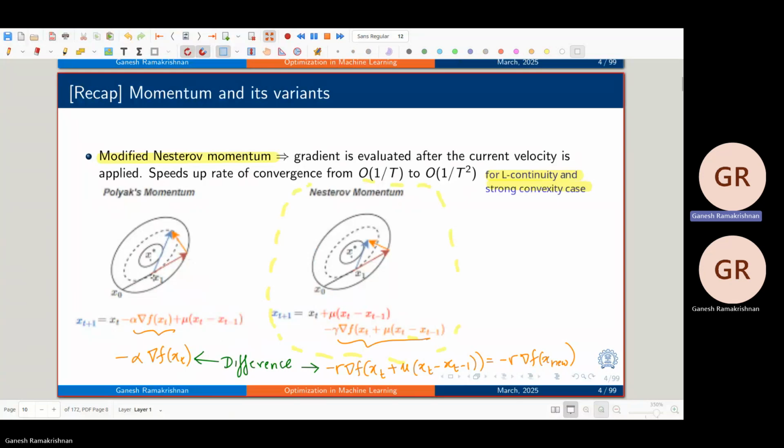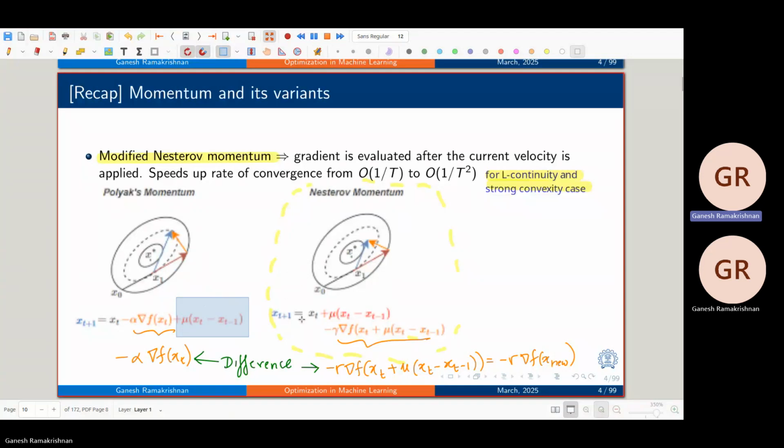You start with x0, go to x1, and the red part here is showing you the momentum or velocity, whatever you want to call it, and then you take the gradient step.